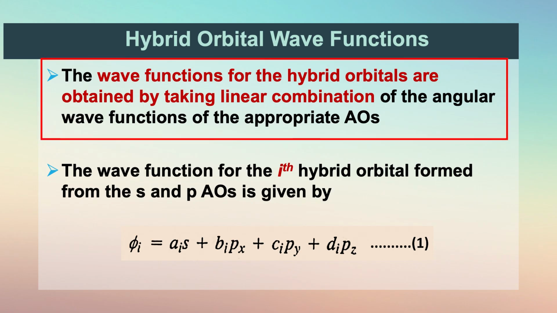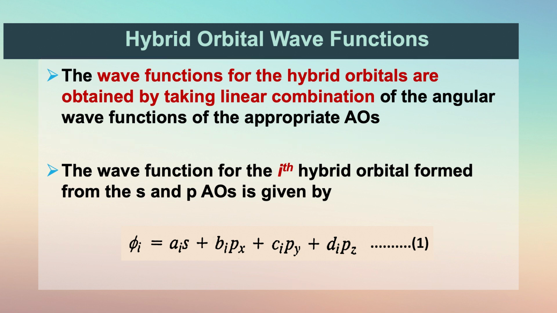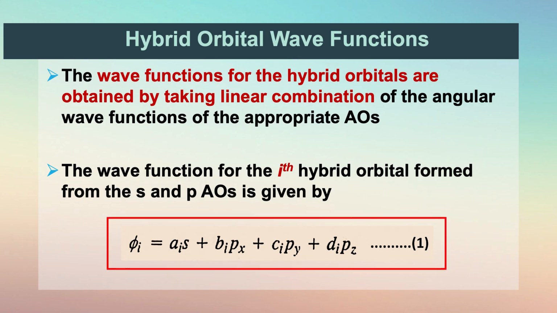They are obtained by taking a linear combination of the angular wave functions of the appropriate atomic orbitals. The wave function for the ith hybrid orbital formed from s and p atomic orbitals is given by phi_i = a_i s + b_i px + c_i py + d_i pz.